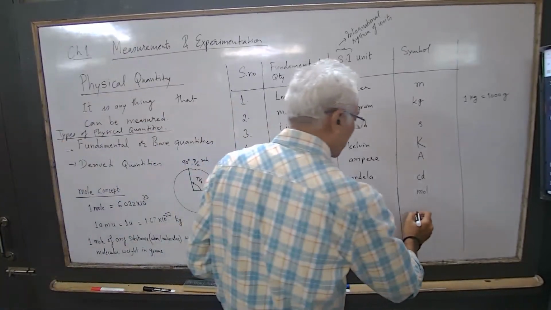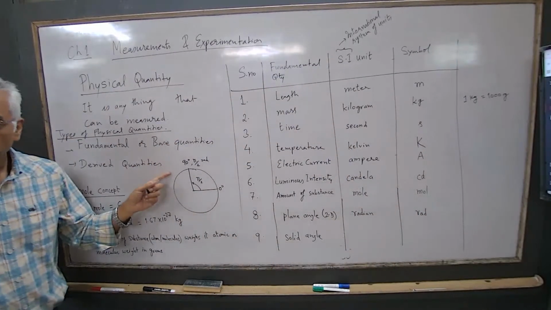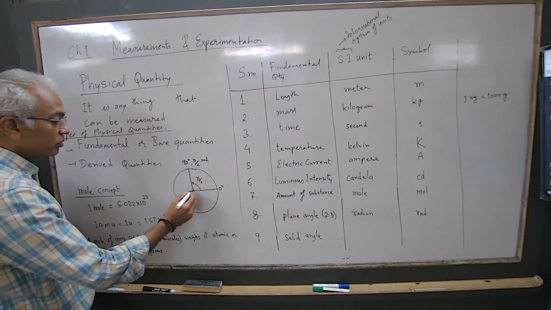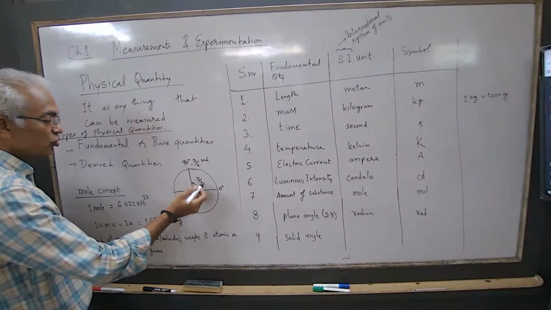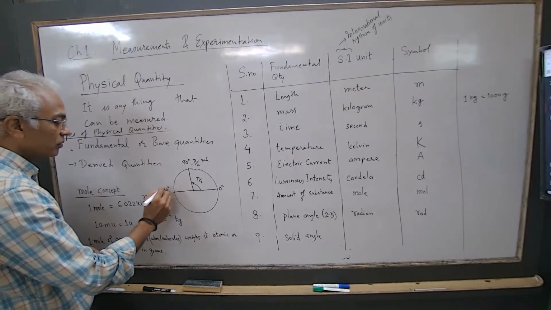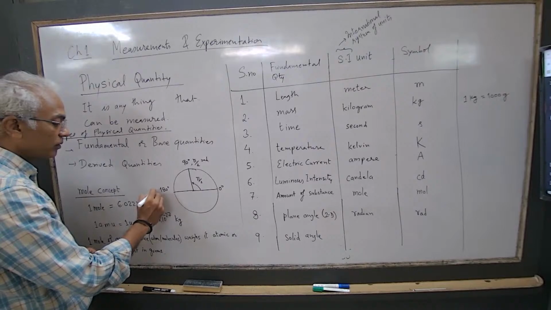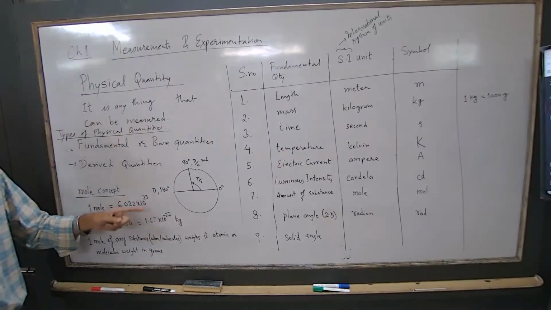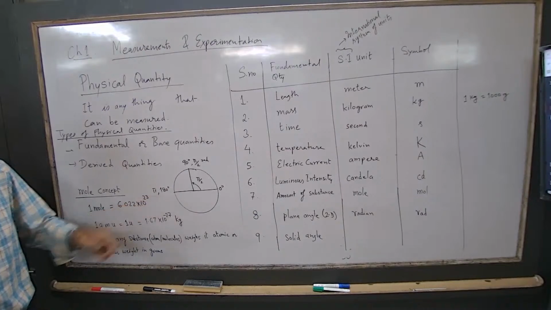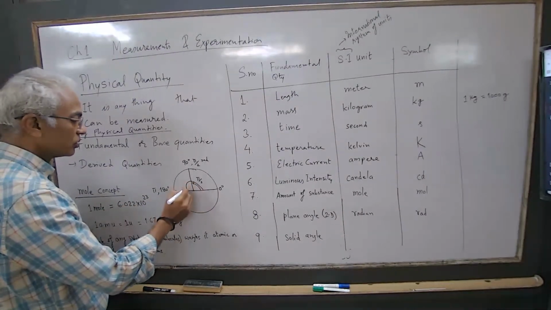The symbol is RAD. This is the relation between degree and radian. When it turns by another pi by 2, that is 2 pi by 2, so that becomes 180 degree. 2 pi by 2 is nothing but pi. Pi by 2 plus pi by 2 is pi, right? So pi is 180 degree.